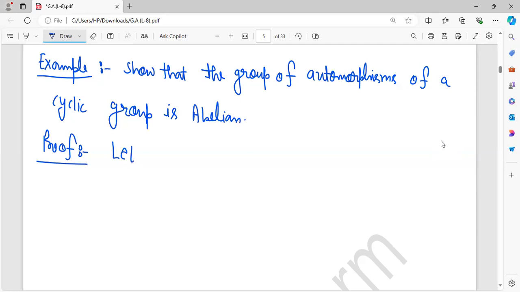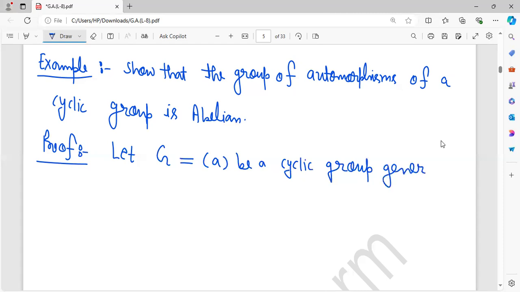Let G be a cyclic group generated by a. Okay. Then there are two cases.